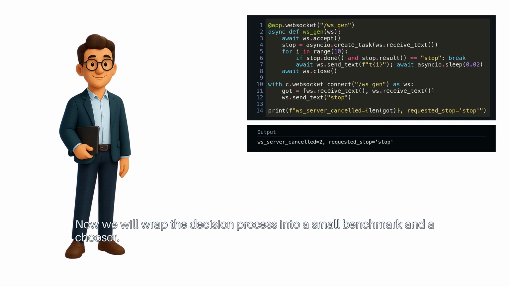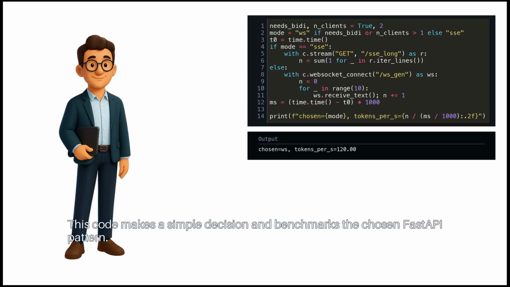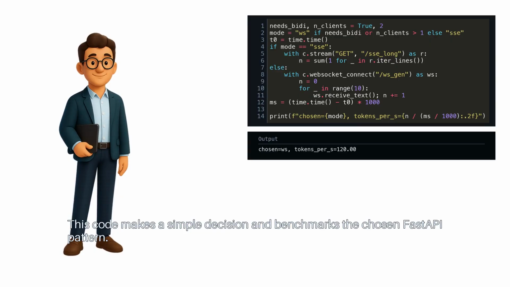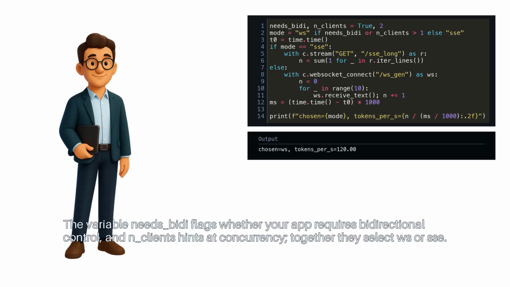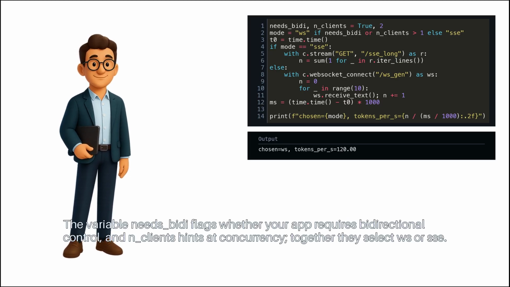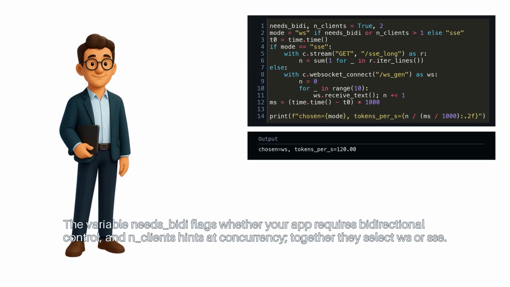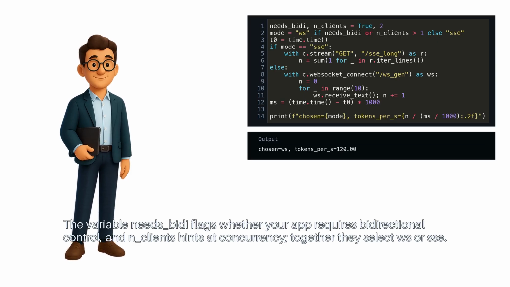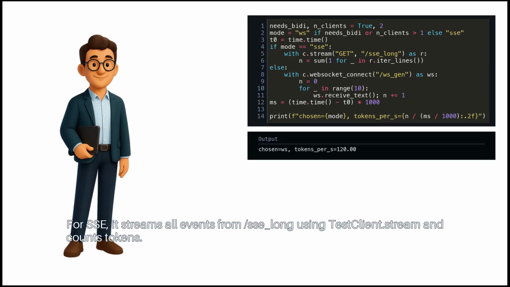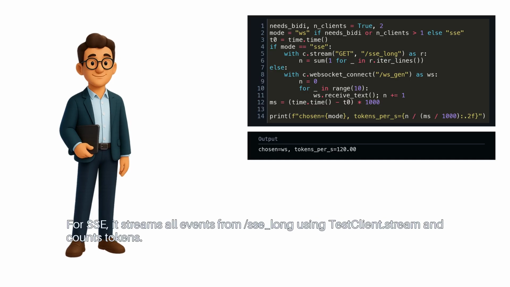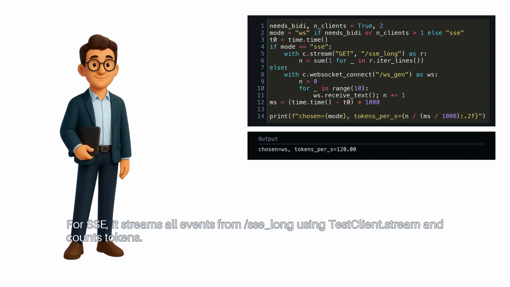Now, we will wrap the decision process into a small benchmark and a chooser. This code makes a simple decision and benchmarks the chosen FastAPI pattern. The variable needs_bidi flags whether your app requires bidirectional control, and n_clients hints at concurrency. Together, they select WS or SSE. For SSE, it streams all events from sse_long using TestClient.stream and counts tokens.